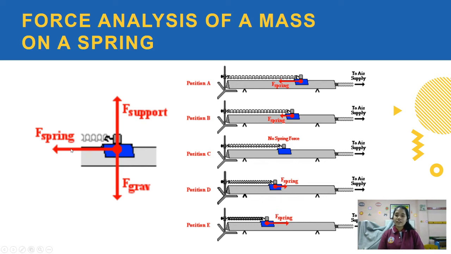Here, the force of the spring can be found using Hooke's law, and its direction is always opposite to the direction of the stretch. Suppose that the glider is pulled to the right of the equilibrium position and released.